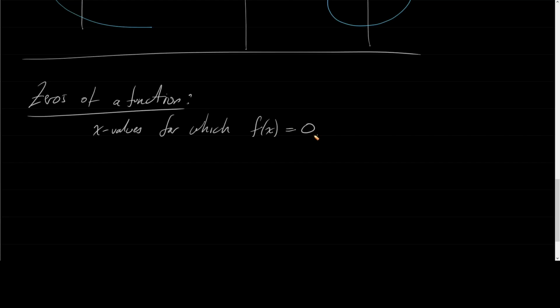What that really is saying is the x-intercepts. The x-intercepts are the zeros of a function. So if I asked, find the zeros of a function, I'm just saying find the x-intercepts.